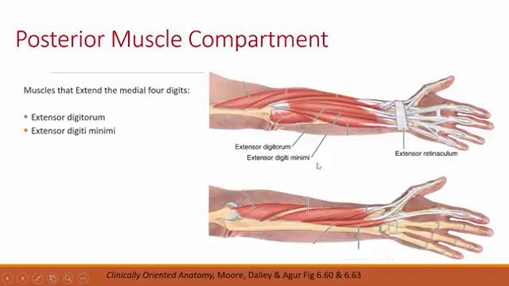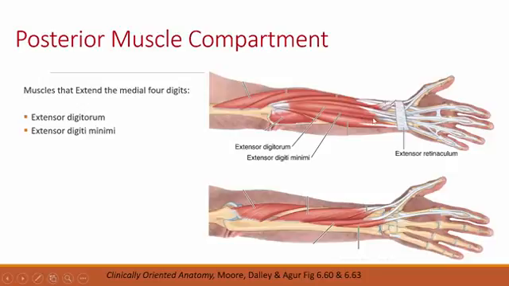Extensor digiti minimi, as the name suggests, branches off from the extensor digitorum, so we have a muscle slip from the extensor digitorum travelling by itself under the extensor retinaculum and inserting onto the digiti minimi, or our smallest digit.